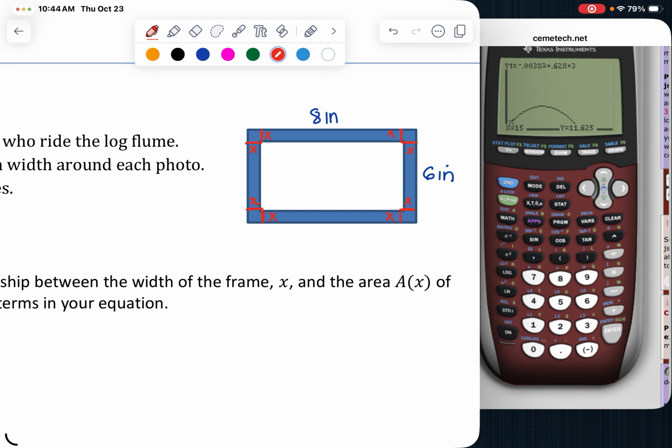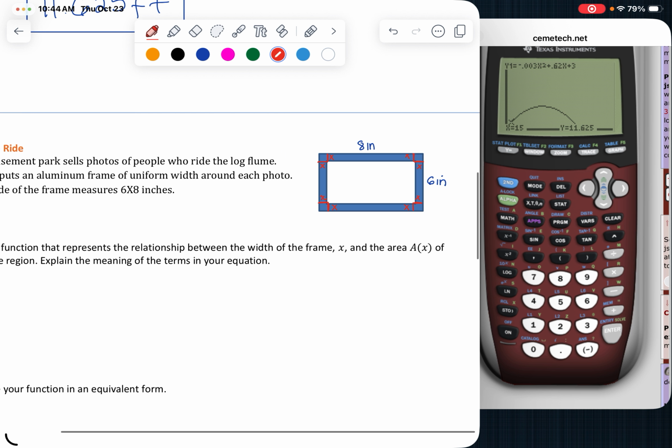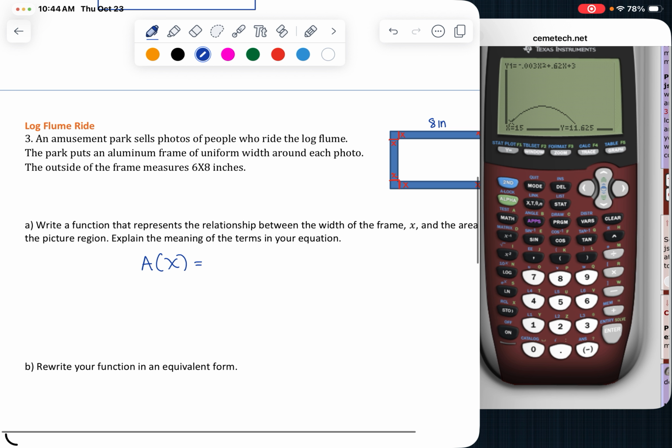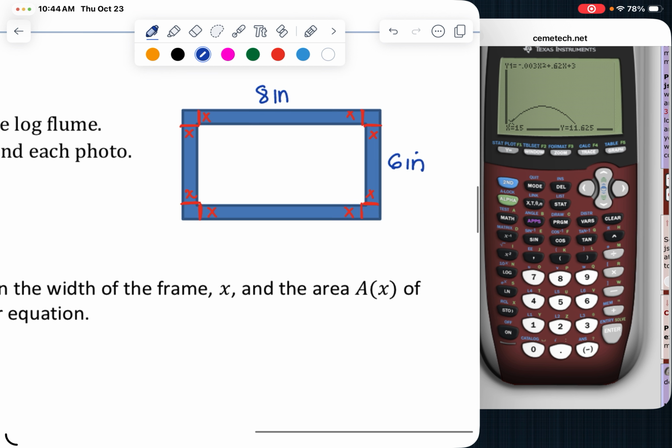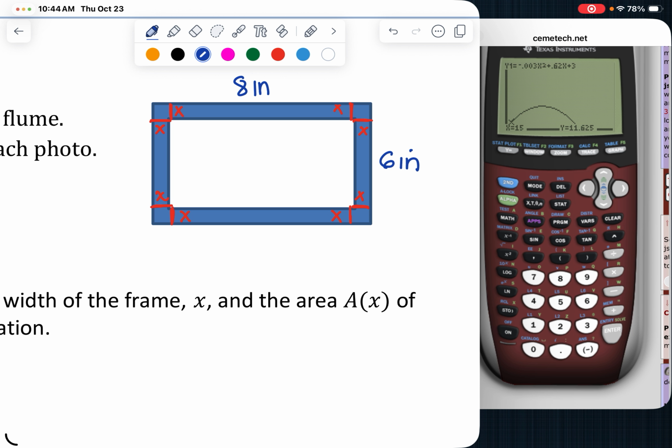So we want to write an area formula for just the photo itself, right? So we can go ahead and do that. We're gonna say A of x is equal to, and then, yeah, just the picture region that we want. We don't want the 8 by 6 and we don't want the actual frame. We want just this part right here, okay? So I need a length and a width for that. So the length is this much right here.